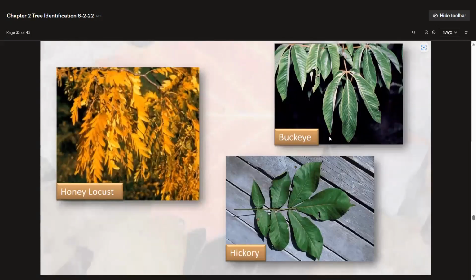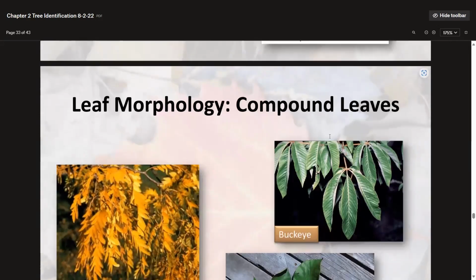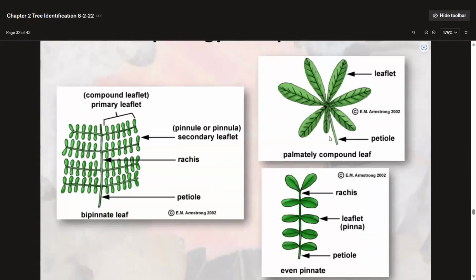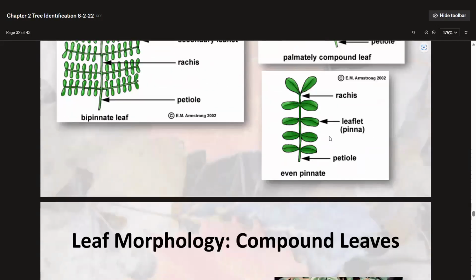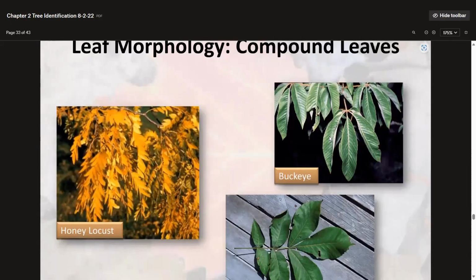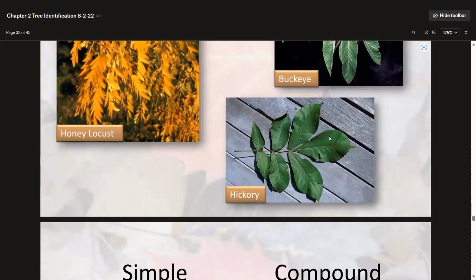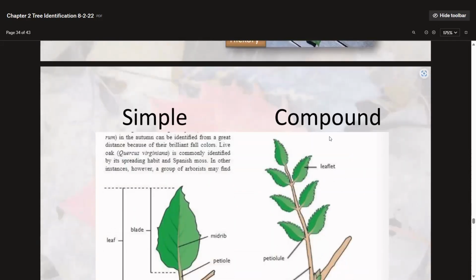And then at the bottom, you've got your hickory, right? So they're coming off of a rachis, right? In the bottom. So that hickory would fall into probably the even pinnate. So anyway, that's how you work that, right? That's how you figure that out.